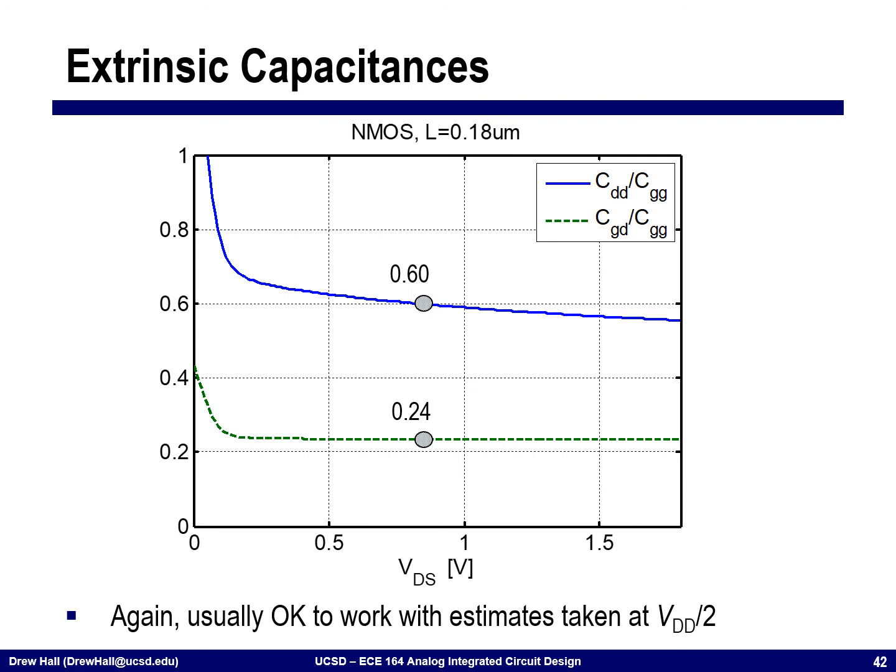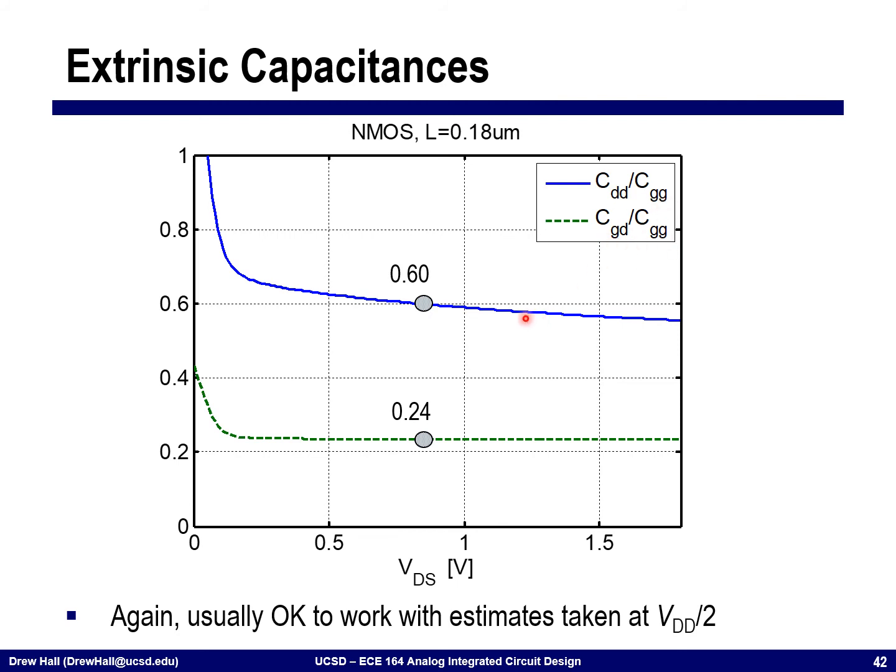Here I'm showing the capacitances in the device. Again, channel length of 0.18 micron, and I'm sweeping VDS for this device, and I'm plotting the ratio of either CDD divided by CGG or CGD divided by CGG.